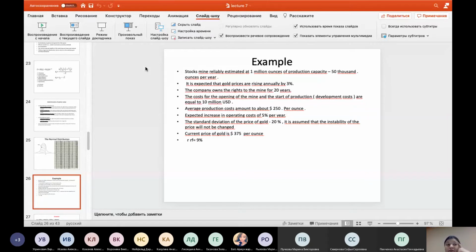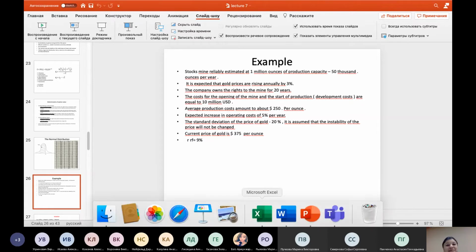And to the second question, where is the real option? Or perhaps this task ignores the real option, and we'll find a classical net present value in this task. What do you think?